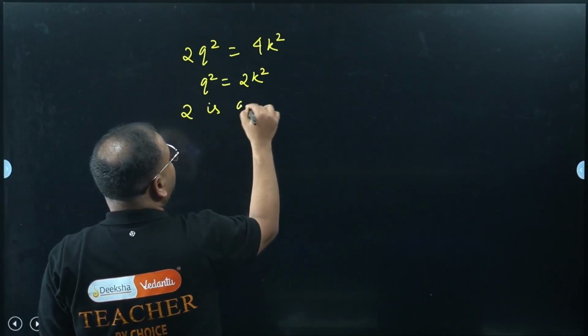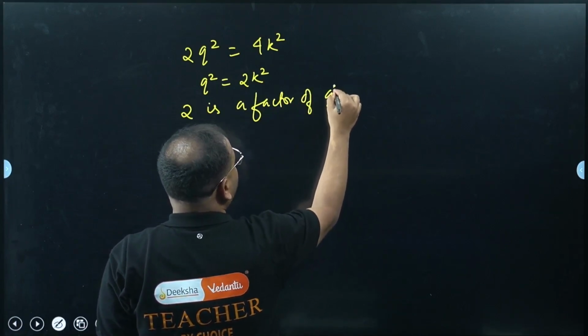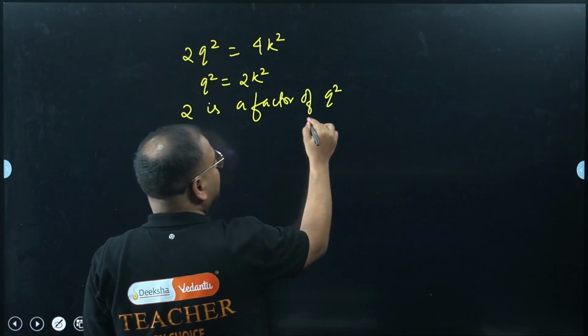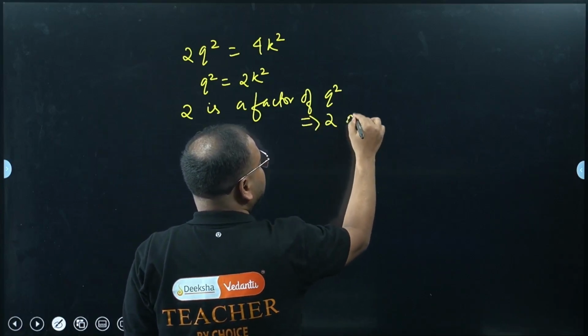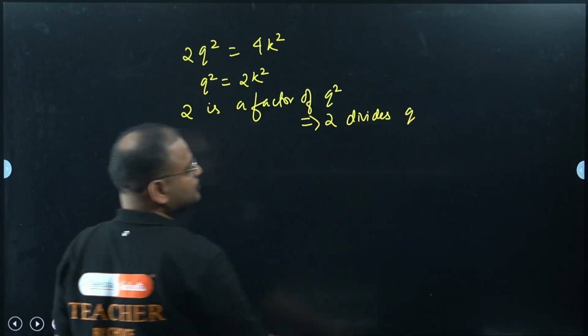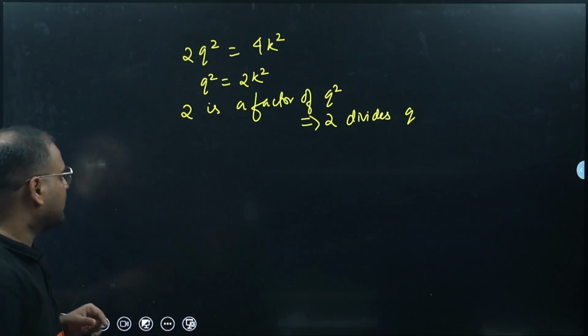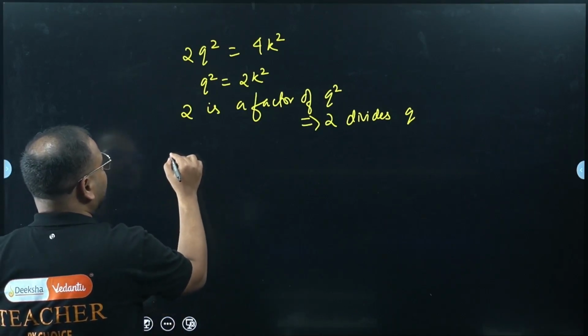2 is a factor of q square, which implies what? That 2 divides q. Now we learned 2 divides p and 2 divides q, which means what?